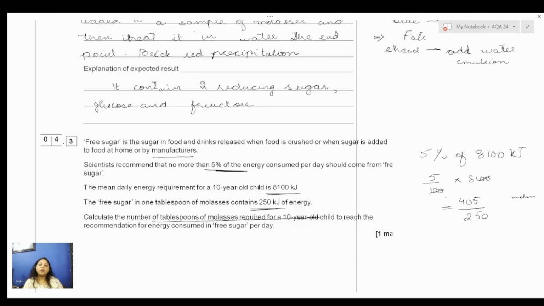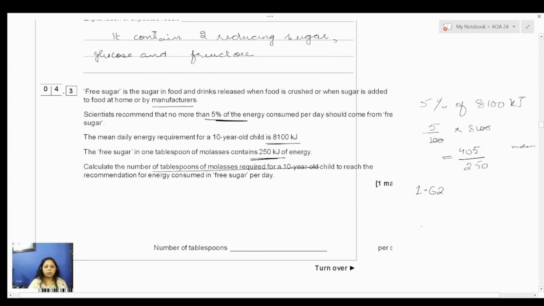So here we have a total of 405, but we need to divide it by 250. What is the answer? That will be around 1.62 tablespoons. Okay, we just need to understand the question for calculation first, the very basic thing.